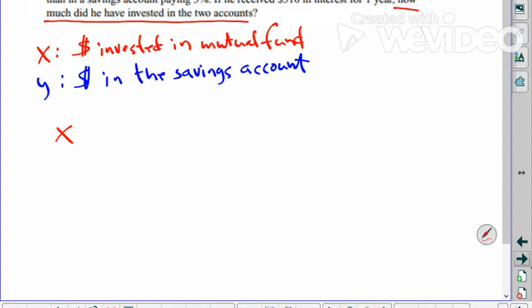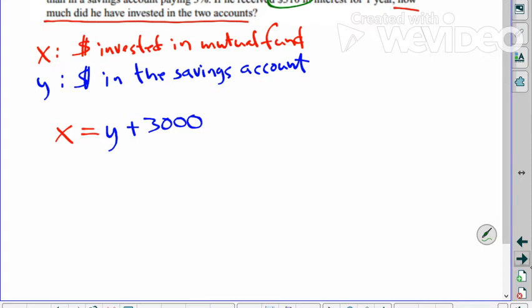So that says the mutual fund, x, will be equal to the amount in the savings account, plus the savings account would have to have $3,000 more to be the same as we have invested in the mutual fund. Okay, so that's one of our equations. The other equation has to do with this interest number. Where does that interest come from? Well, he has earnings from his different investments here.